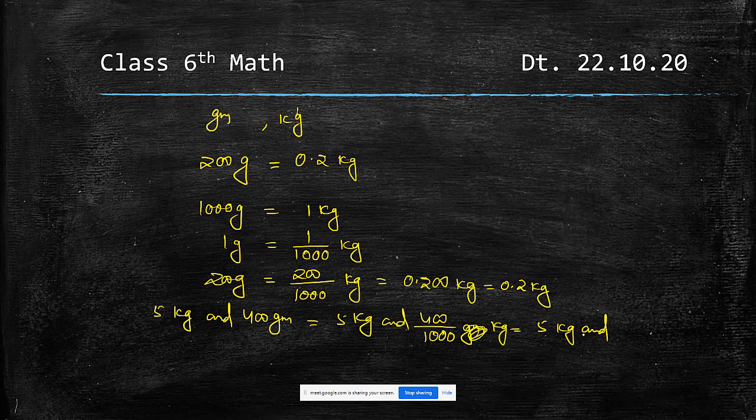Okay, so 5 kilogram and 0.4 kilogram, or we can write 5.4, not 0.4, 5.4 kilogram. Okay.